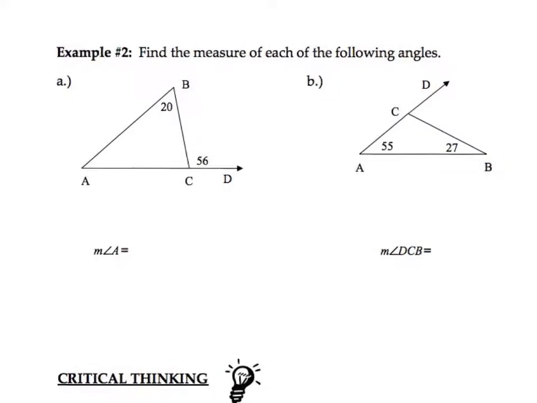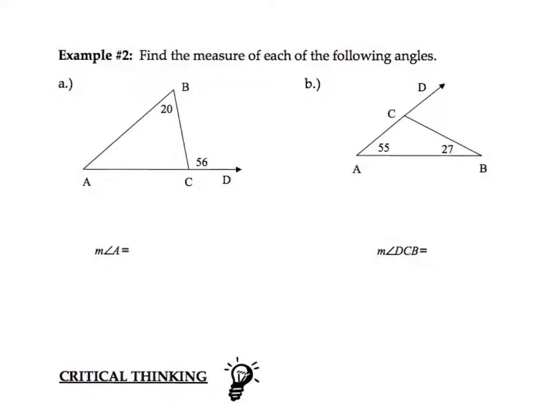So let's go ahead and look at a couple of examples. So we want to find the measure of each angle. So in our first picture, we want to find the measure of angle A, given the measure of angle B is 20 degrees, and the measure of angle BCD is 56.